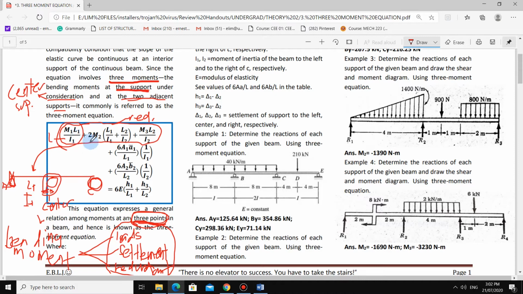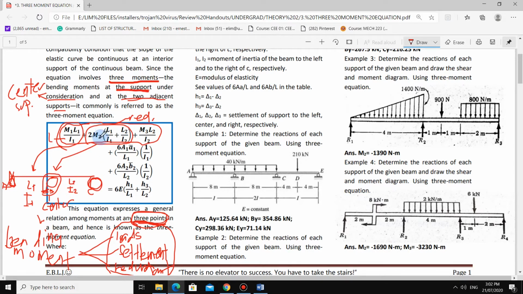Okay? Then next, the second one, what is in the center term? The center term is the center support, or B. So we now have 2MB. 2MB, then the quantity of L1 over I1, plus L2. Where is L2? L2 is on the right side of B. So that is L2, then I2.